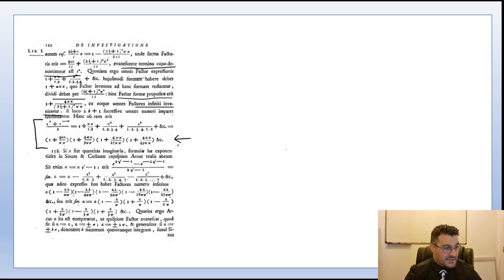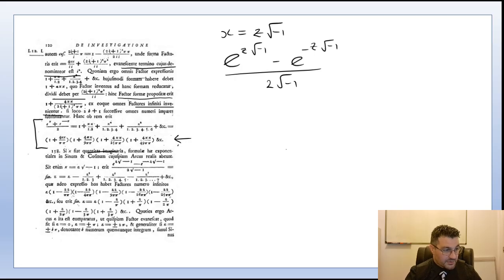So if x is an imaginary quantity, so if we let x equal z square root of minus 1, then e to the z square root of minus 1 minus e to the minus z square root of minus 1 over 2 square root of minus 1, which is equal to sine z.